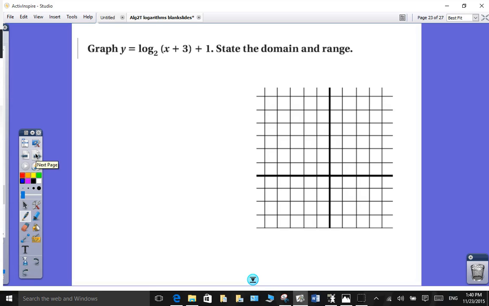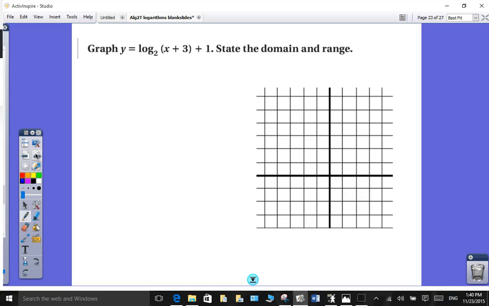So let's say I wanted to graph this function, log base 2 of (x plus 3), plus 1. What kind of a shift in the graph is it when you add 3 inside the function? The same as we used for exponentials and absolute values. Left 3, okay? And what kind of a shift is plus 1 after the function? Up 1, okay?